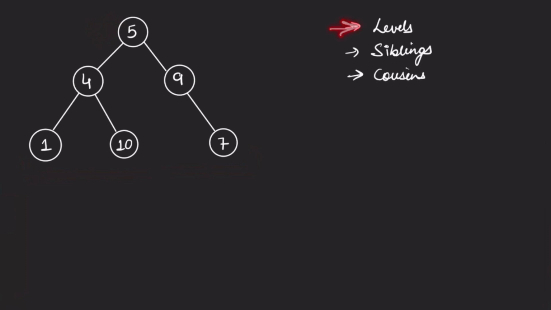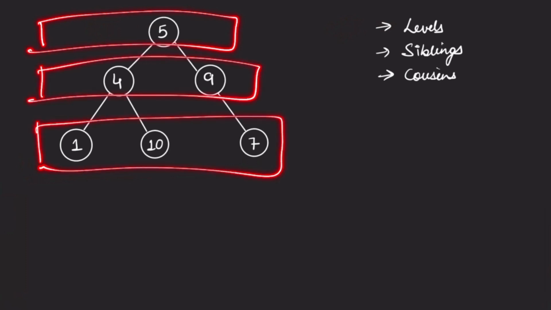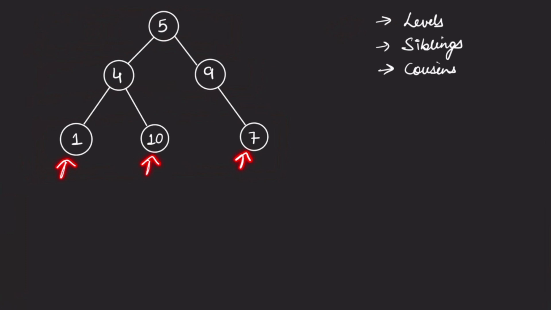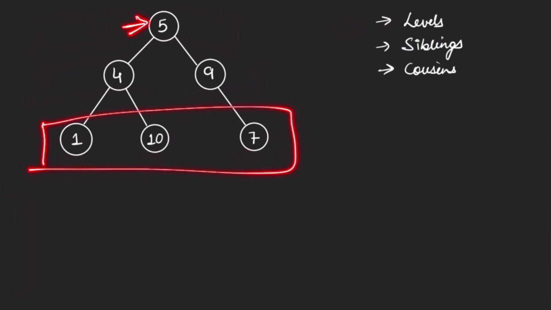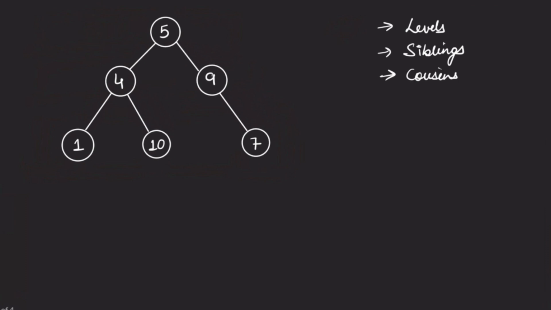Now what are levels? This is one level, this is one level, and this is one level. Basically all the nodes which have the same number of edges from the root node are at the same level, and the number of edges they have from the root node is their level.